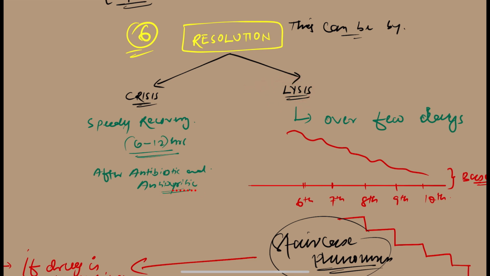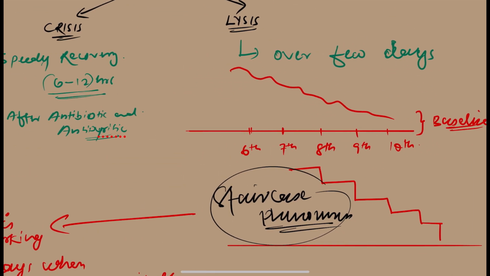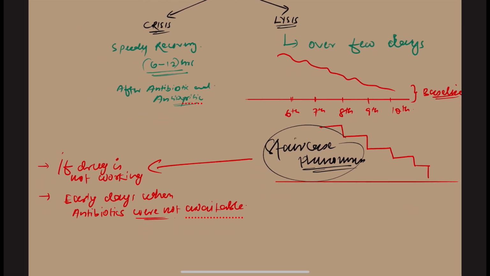But what will happen in the case of lysis over the few days. तो ओवर द फ्यू डेज मतलब क्या है? सपोज किसी इंडिविजुअल का फीवर हुआ, 5 6 दिन चला गया, 6 डे 7 डेज 8 डे ग्रेजुअली इसको डिक्रीज होने को मिला बेसलाइन टच के। तो ये क्यों होता है? ये इसलिए होता है कि if the body is not responding to the drugs, or the drugs have low potency, or any other reason, and the reason is that in early days there is no antibiotic and no proper antibiotic drugs.